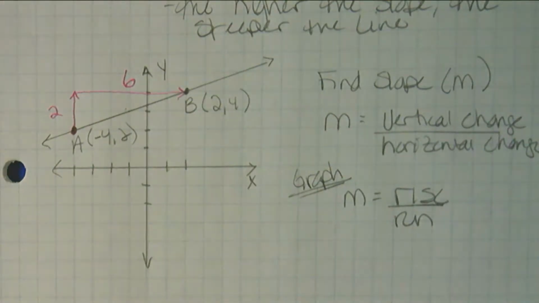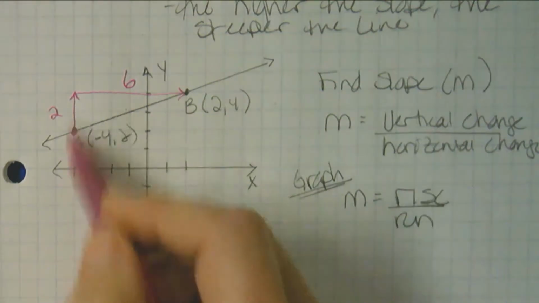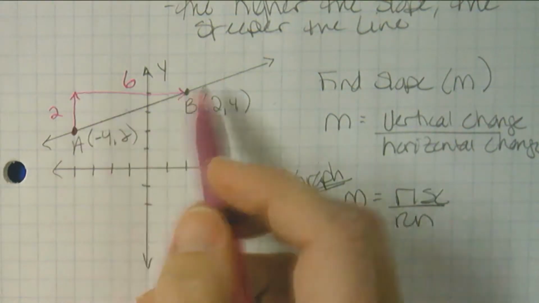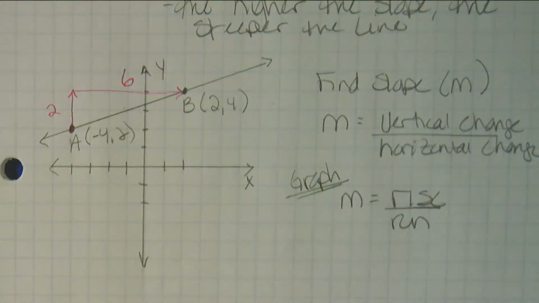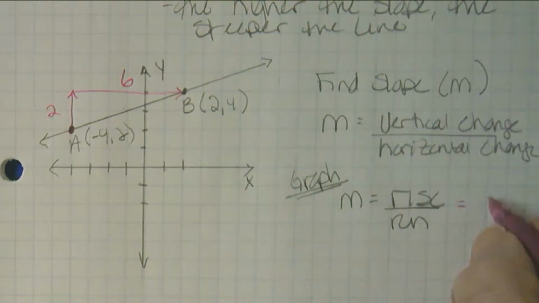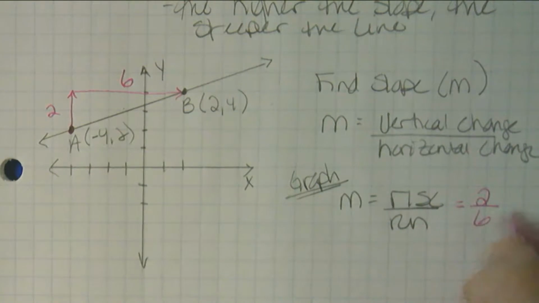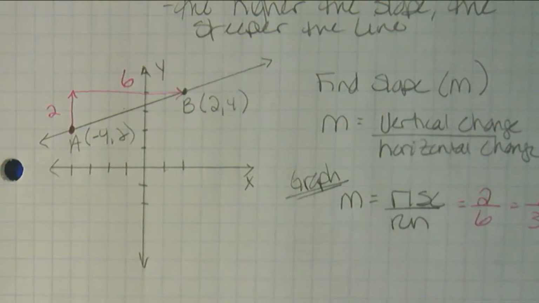I found the vertical change that I have to go up, and then the horizontal change I have to go over to get to my B. Up is always positive, to the right is always positive, so my slope is 2 over 6, which is 1/3.